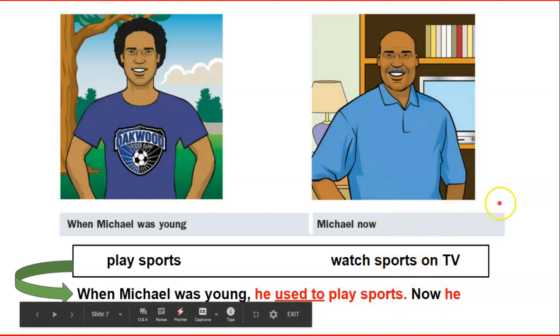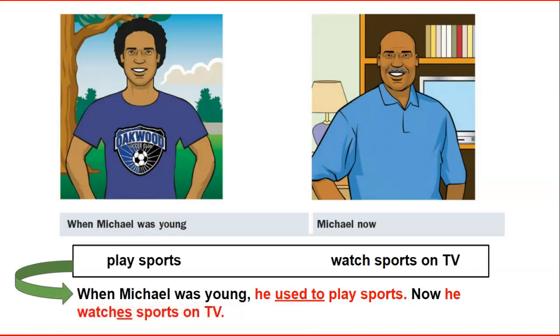Now he watches, and this is what I want to point out. You'll notice down below, watches has an ES. Remember, this is tricky. It's strange.